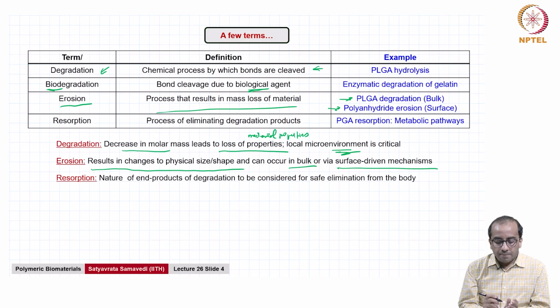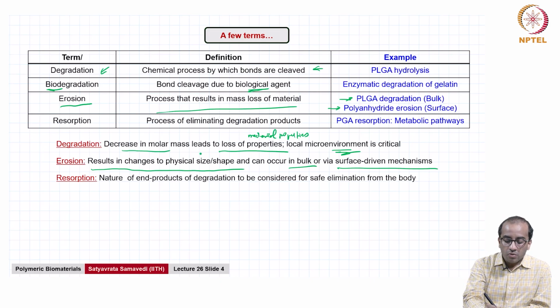Now ultimately the end result of erosion is what you would see in the biomaterial is gross macroscopic changes to physical size and shape, right? The third word we are going to look at is resorption, right?